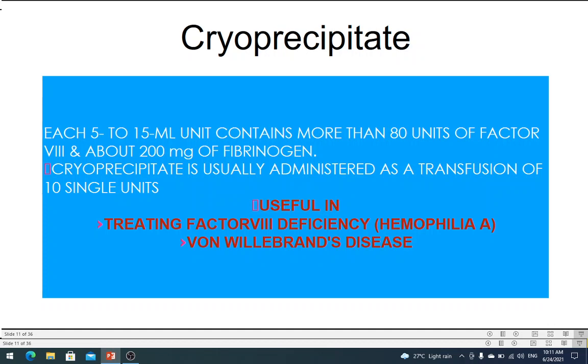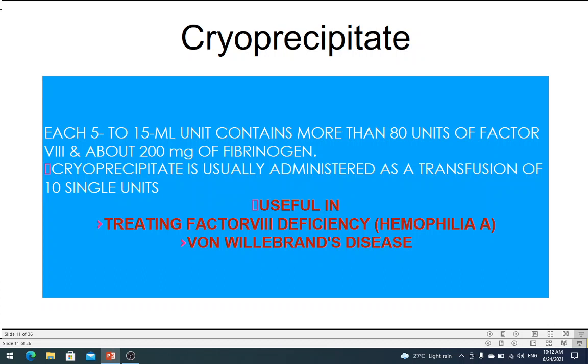Now cryoprecipitate contains most of the clotting factors, and especially factor 8, and it also contains fibrinogen. So that is the advantage. So when you want factor 8, probably cryoprecipitate is your choice. You can get factor 8 concentrate, not just cryoprecipitate, but pure factor 8 concentrate. So that is even better.